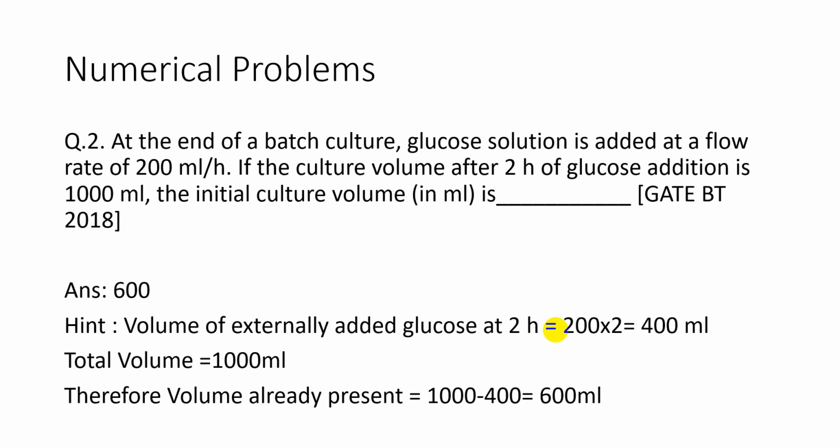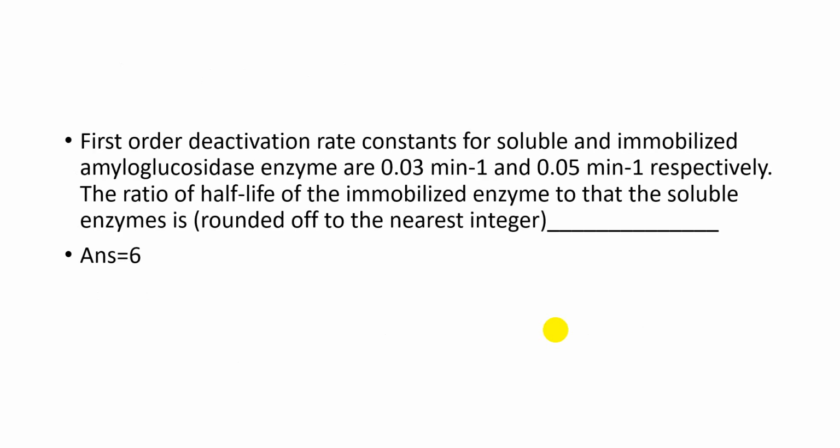Why? Because the volume of externally added glucose at 2 hours is 400 ml, and the total volume of the vessel is 1000 ml. So the volume which was already present is naturally the difference, 1000 minus 400 ml, that is 600 ml. So these are very simple numericals which you can practice.